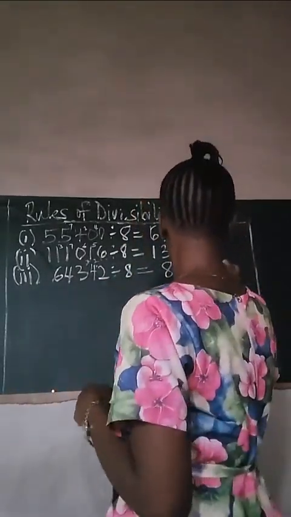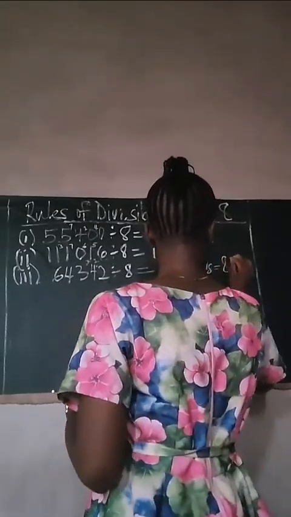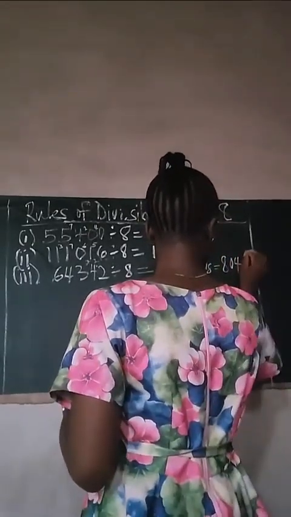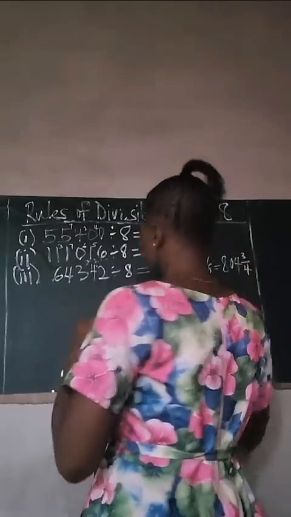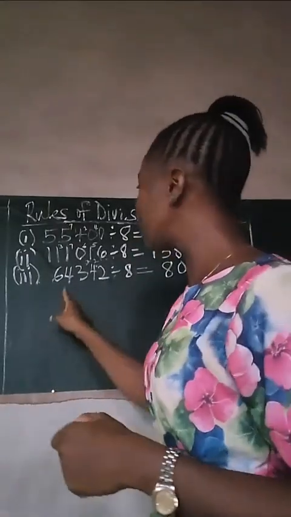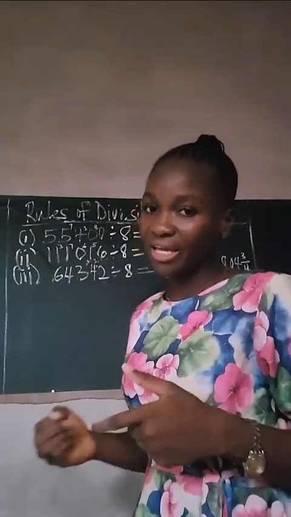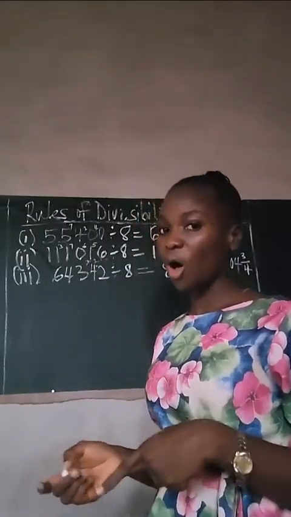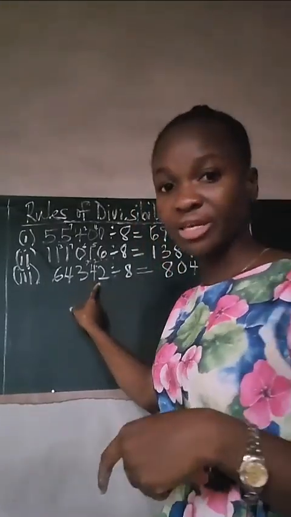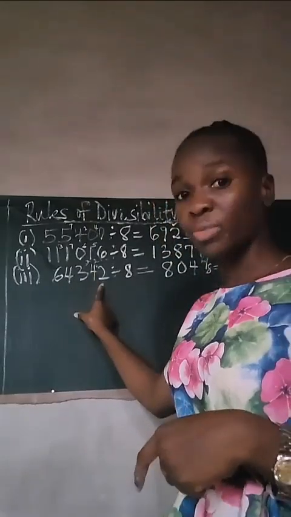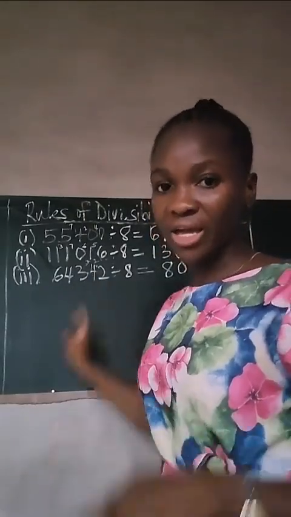So this gives us 8,042 and 3 over 4. So we can see here that 64,342 is not divisible by 8, because the last 3 digits, which is 342, is not divisible by 8.